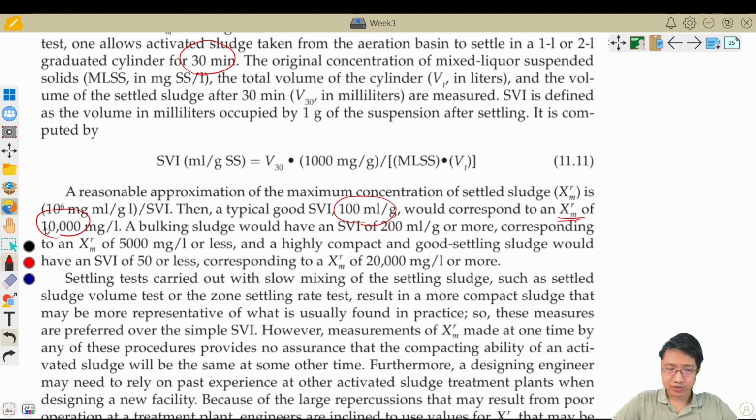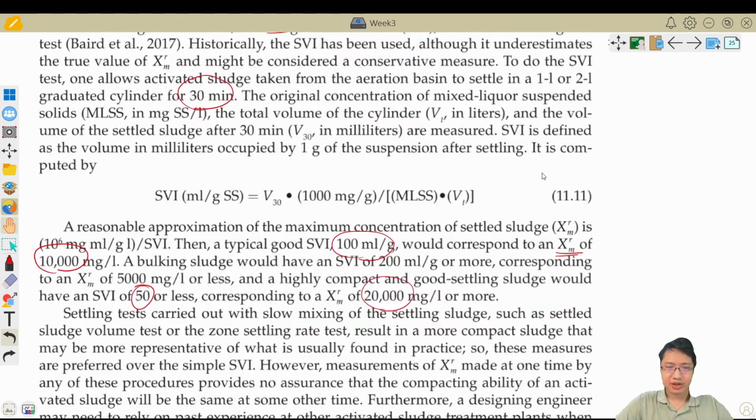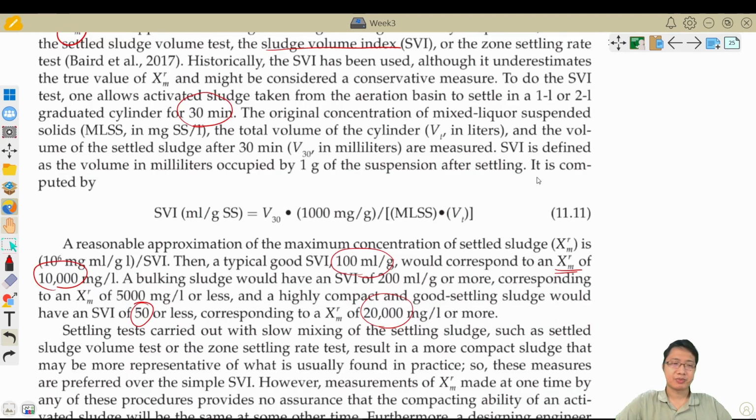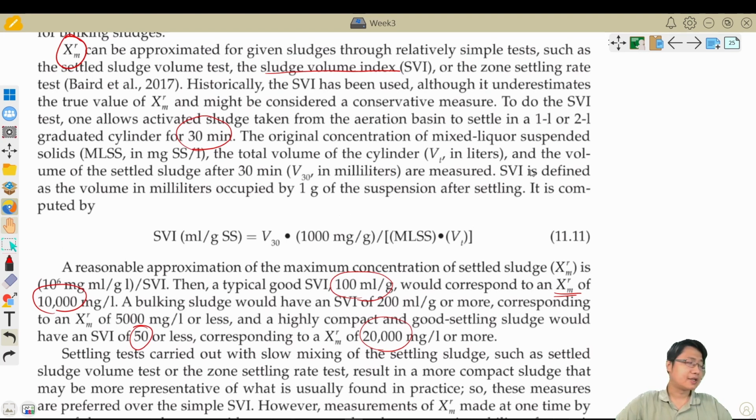And if you get an SVI of about 50 or less, you will probably get a recycling sludge concentration of about 20,000 milligram per liter or more. So SVI is an index for you to approximately predict your recycling sludge concentration.